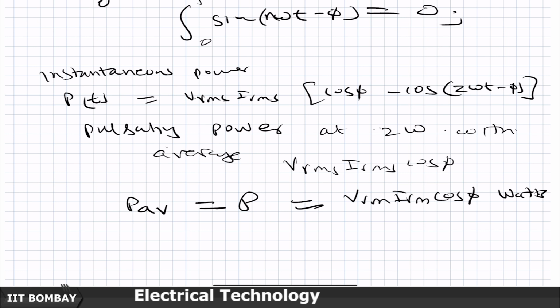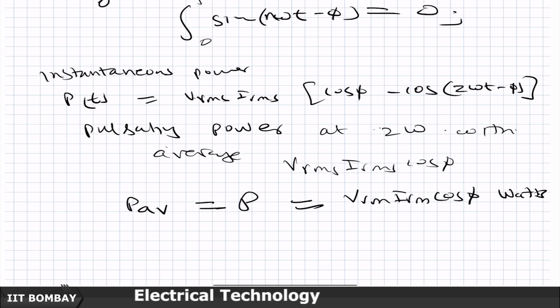So, really this does not do any work for us. In fact, because the current flows and there will be some resistance in the wire, it will cause loss. So, this pulsating component is not a very good component. Also, suppose you had a single phase AC generator running at constant speed, let us say omega, and this power is pulsating, then what does it mean? It means torque is pulsating.